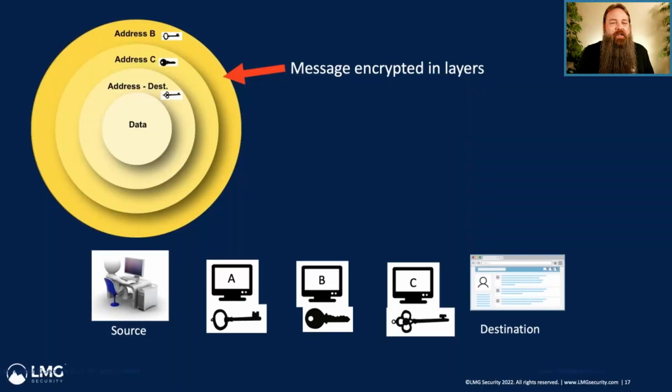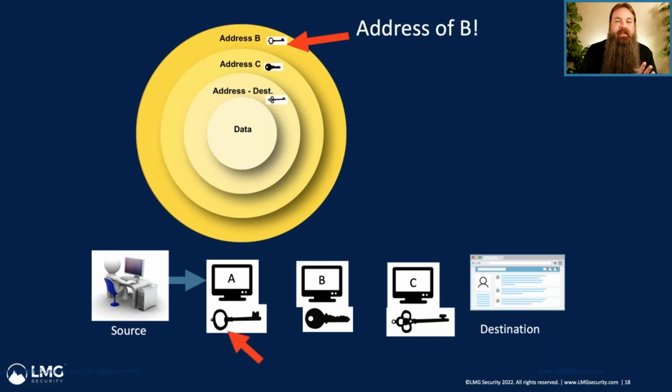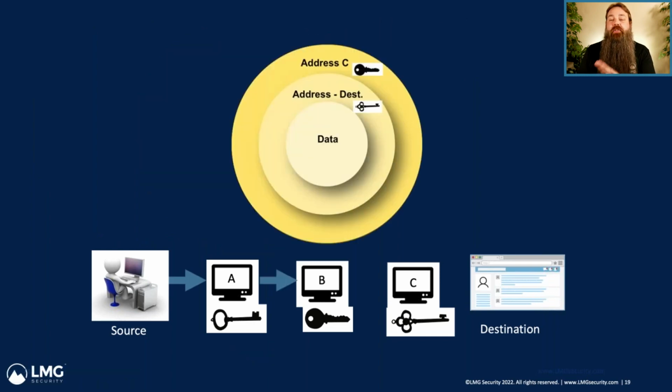All right, so here's basically what that looks like, and this is a simplified example of how we traverse through the network. We have our data, and we have a series of wrapped layers around that data. We have our source. We know that we are going into node A to start with, and node A is going to see node B. Node B can then see node C. Node C can't see A, and node A can't see C. So we're obscuring our traffic here in the middle.